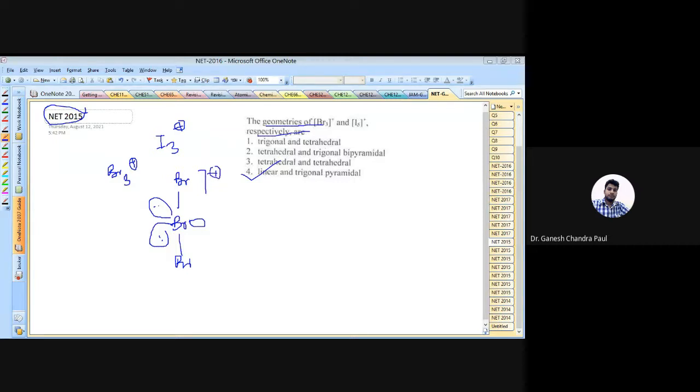And in case of I5, this is plus, I think, or minus. What do you say?